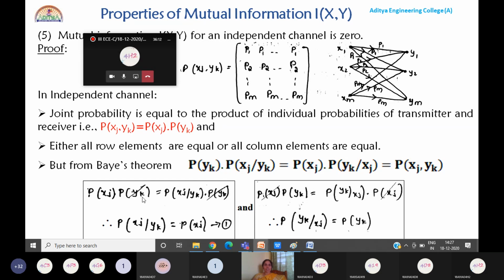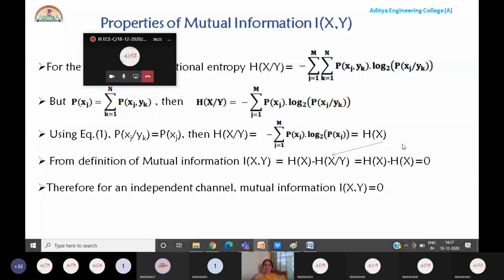So yk gets cancelled and you will get P of xj by yk as P of xj, and P of yk by xj as P of yk. We used this expression and finally we obtained H of x by y as H of x, or H of y by x as H of y. This property we studied in the 4th module.